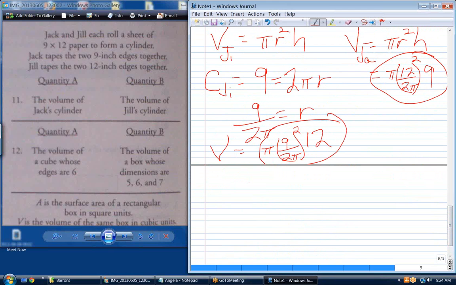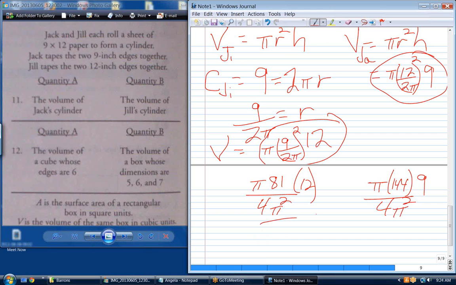Let's do the math here. This becomes pi times 81 over 4 pi squared times 12. This becomes pi times 144 over 4 pi squared times 9. Well, the denominators are the same, so we merely have to compare the numerators.